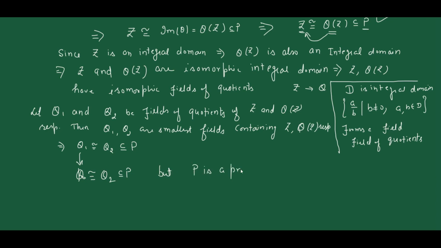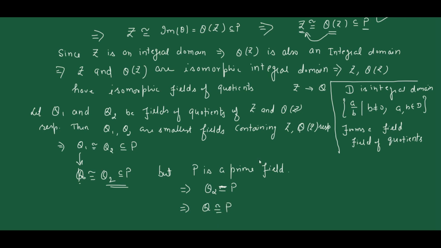P is a prime field, so it cannot contain a subfield. So this implies Q2 coincides with P, and you can replace Q2 by Q, because Q is isomorphic to Q2. So Q is isomorphic to P.